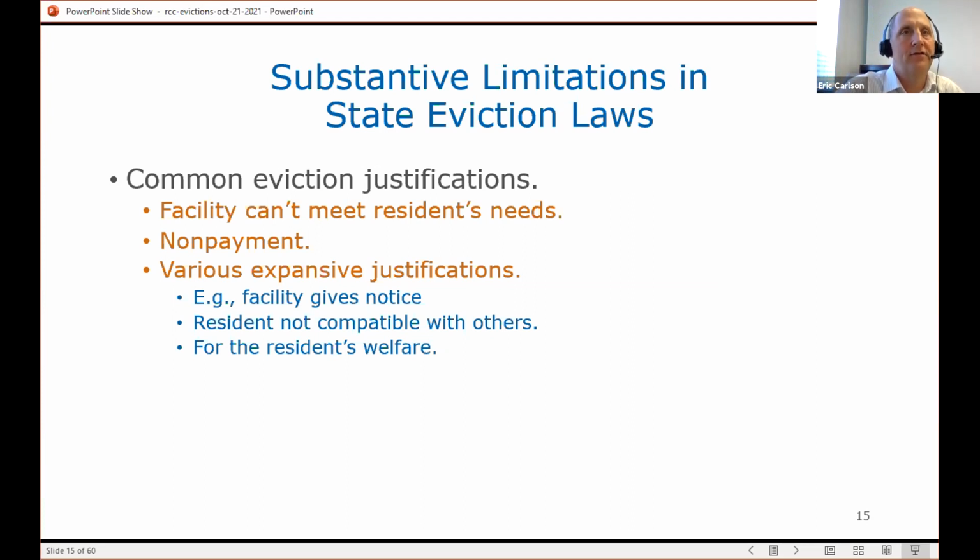Don't have time to discuss them individually today because they're state specific, but I would just mention that if that's the sort of thing that's in your state law, you want to think about some systemic advocacy ahead of time so that facilities don't have this broad discretion to just force people out. There need to be substantive standards more meaningful than that. Next slide, please.